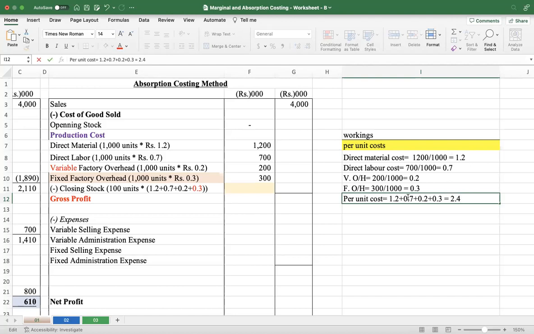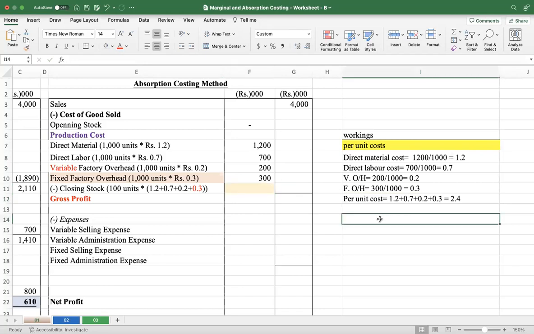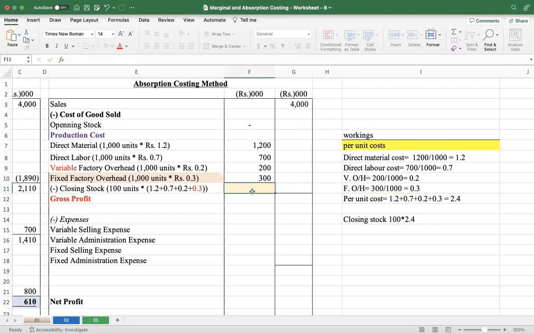Right? That will give you the answer 2.4. So now you just have to find the closing stock. What should you do? You need to multiply the remaining number of units of closing stocks by per unit cost, which is 2.4. So you can get the value of the closing stock.